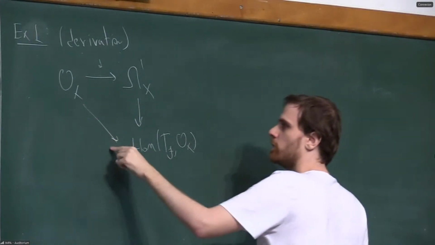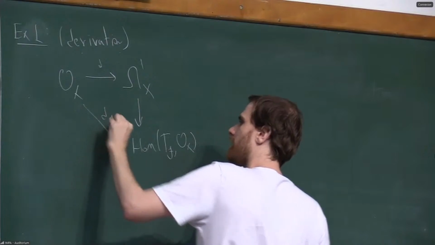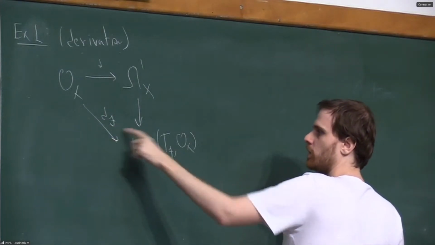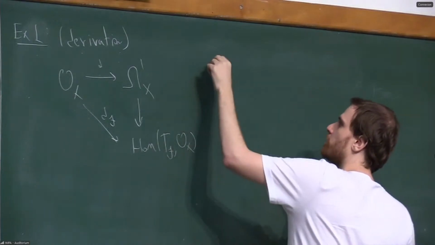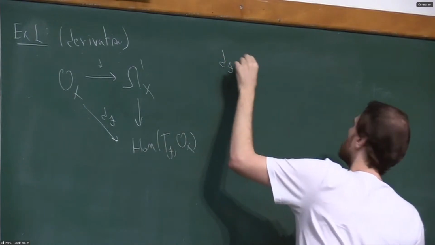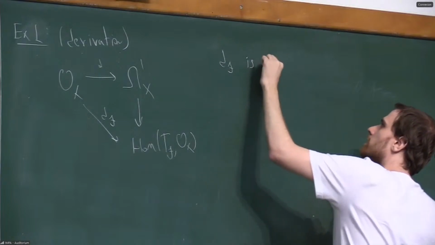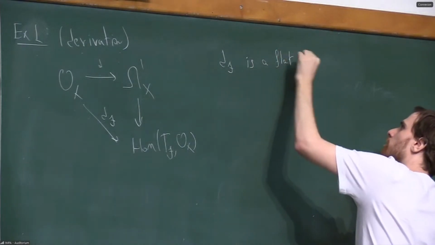I will denote this map by d_F to remember that we are taking a foliation here, and it is easy to verify that d_F is a flat partial connection.